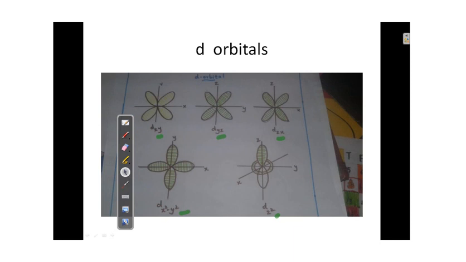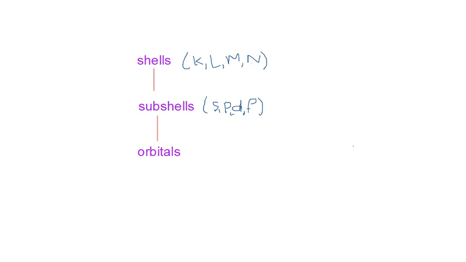That is about orbitals. Again, at a glance: shells have subshells, and each subshell again has orbitals. What are the shells we have seen? K, L, M and N. And the subshells?